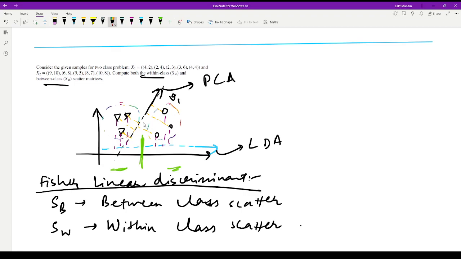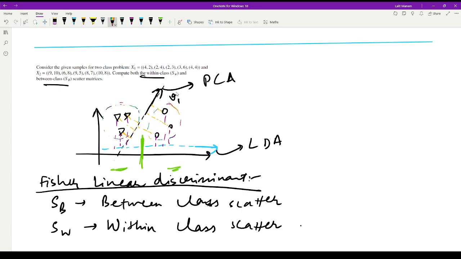Yes, sir. Now we go to the between class scatter. These two classes should be well separated, which is characterized by the between class scatter. If they are not well separated, this analysis may not be that useful.